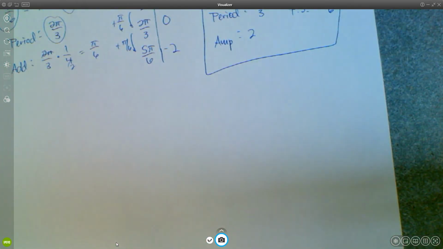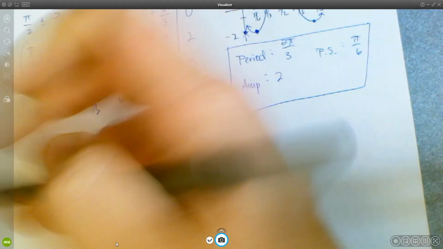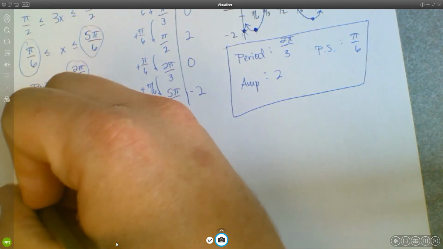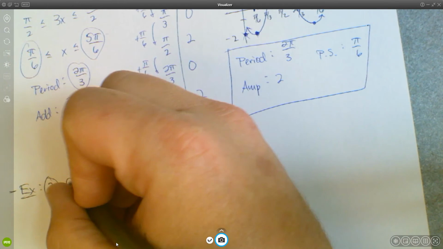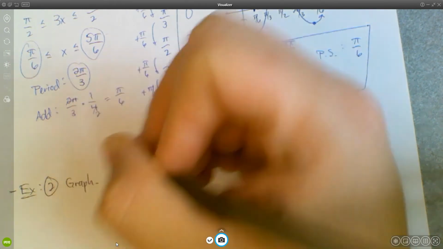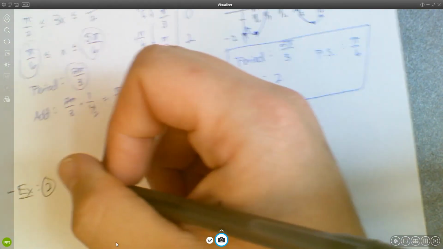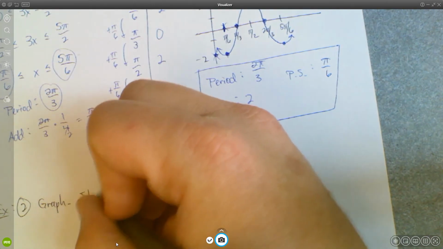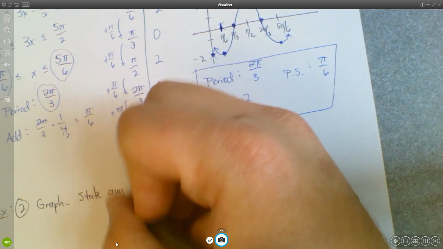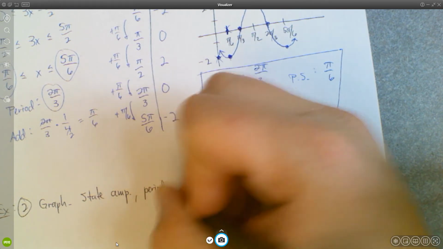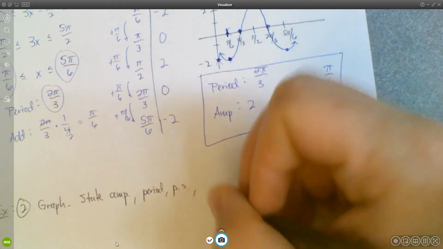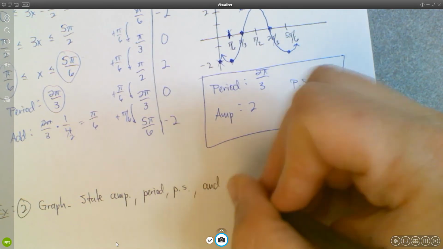So let's practice. So let's graph a couple functions. We'll state amplitude, period, phase shift, and vertical translation.